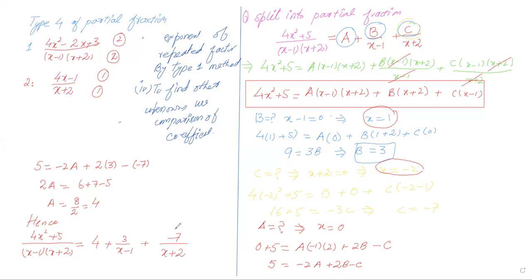Now I can solve this question by another method. This method is just like the method used for converting an improper fraction to a proper fraction. Wait a minute, I'm erasing the board, then I can explain this easily.